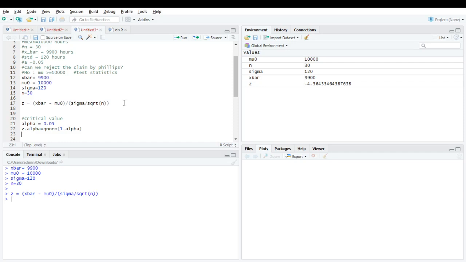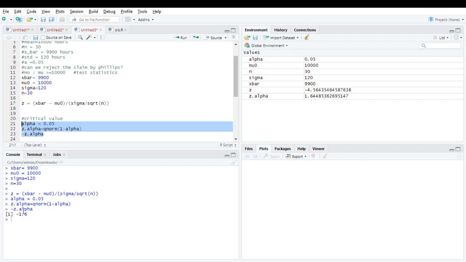So for the lower case, what will be our critical value? It will be minus z alpha. So if I run this, we will get our minus z alpha as minus 1.644.